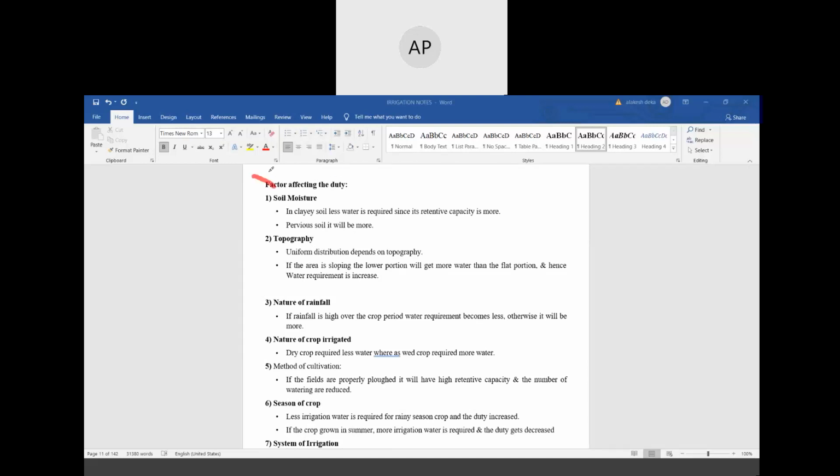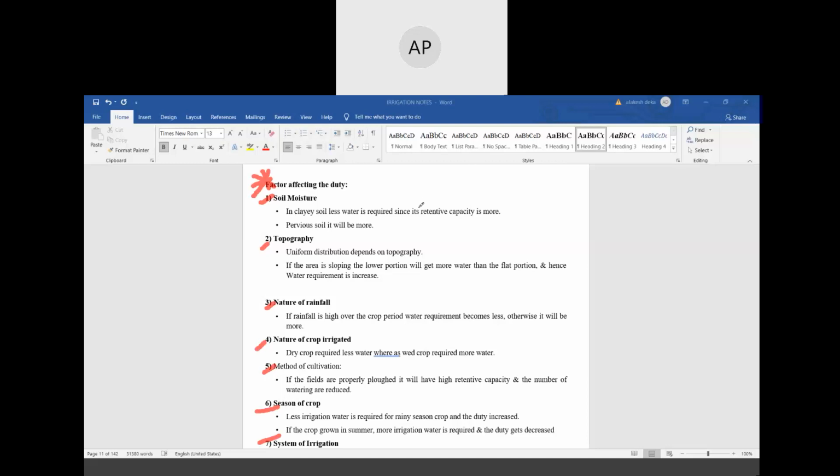This is also an important point. Factors affecting duty: soil moisture, topography, nature of rainfall, nature of crop irrigated, method of cultivation, season of crop, system of irrigation.